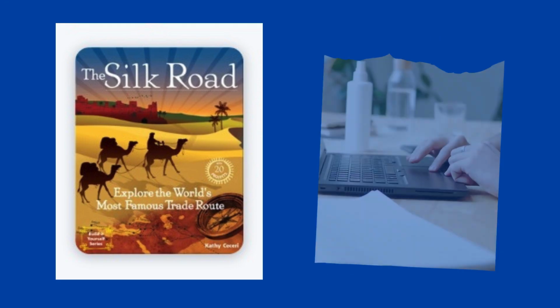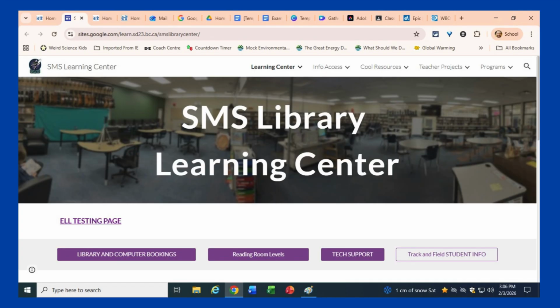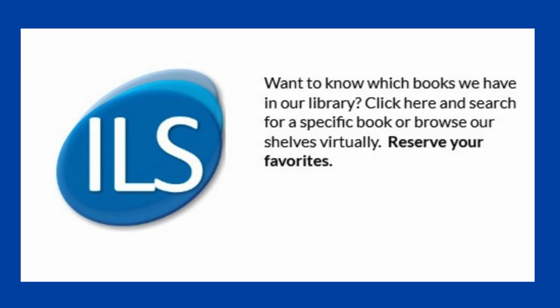So I go to the SMS website, and I go to the student section. I find the link for the Library Learning Center, and then when I go to the website for that, I can find a link to the library catalog.